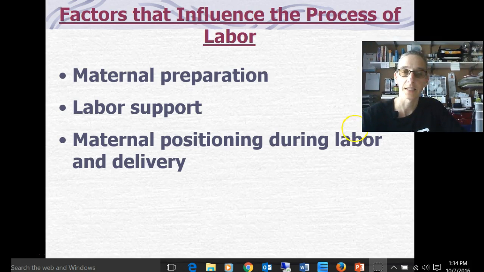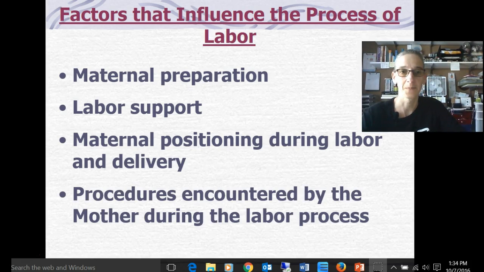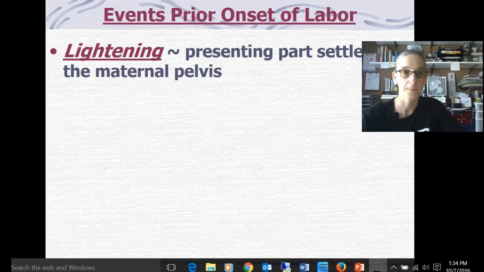Positioning can make a significant difference in how labor progresses. So you need to make the easiest path for the infant, the path of least resistance. And then procedures encountered by the mother during the labor process, whatever procedures she may receive. All of these are going to influence the process of labor.